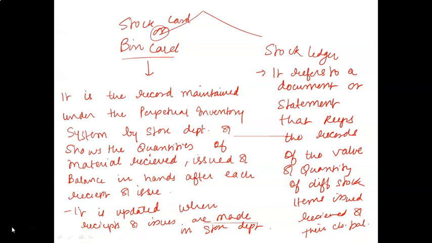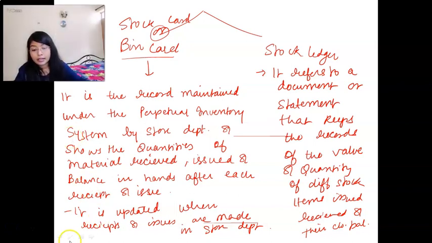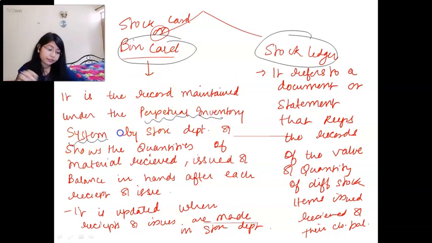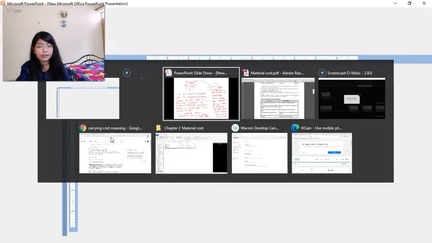I'm starting to explain this, okay? So, let's understand. What is a bin card? You can get a short note on any of these two terms, that's why I'm explaining in detail. It says it is a record which is maintained under the perpetual inventory system. I have given the definition here.